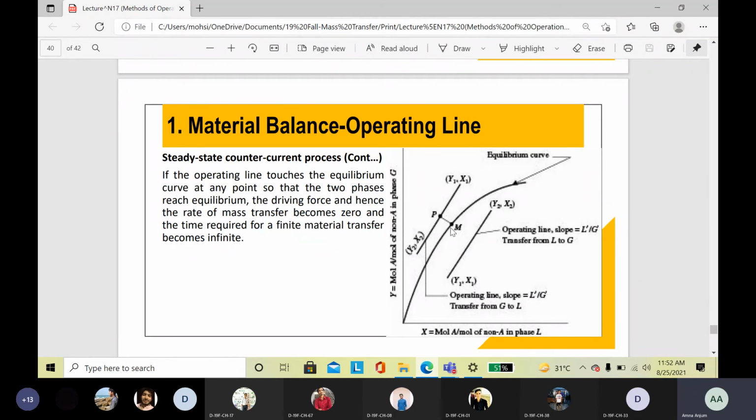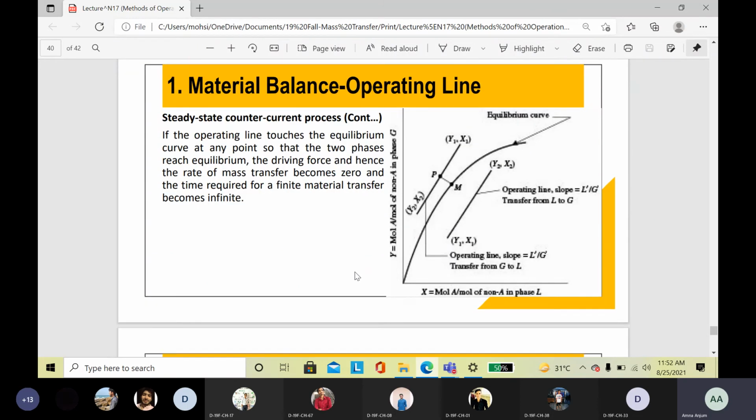So अगर ऑपरेटिंग लाइन टच कर रही है किसी भी पॉइंट पे इक्विलिब्रियम कर्व को, तो इसका मतलब है कि इक्विलिब्रियम रीच्ड हो गया है और ड्राइविंग फोर्स जीरो हो जाएगी, और रेट ऑफ मास ट्रांसफर भी जीरो हो जाएगा.